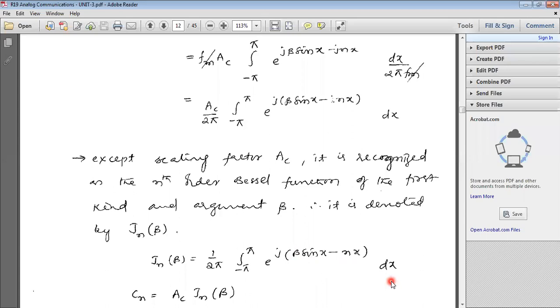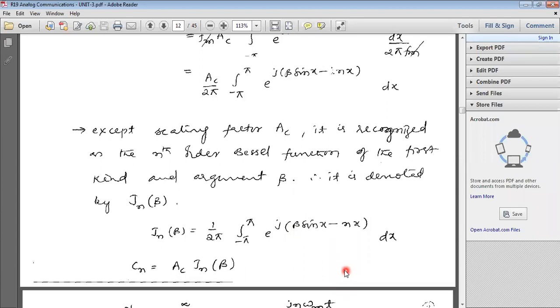This is a Bessel function. Now, what is Cn? Cn equals Ac into the Bessel function, that is Jn of beta. Now this is the value for Cn.